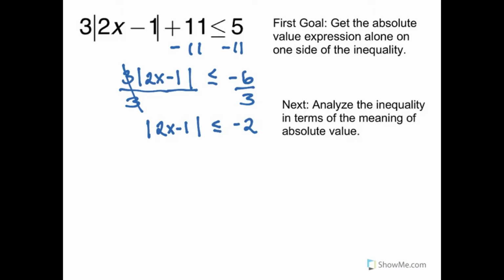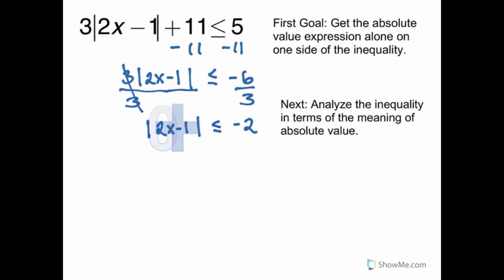Now we're going to analyze that inequality in terms of the meaning of absolute value. Since the absolute value of an expression is always either 0 or positive, and its opposite, a negative number, the inequality says that 0 or a positive number is less than or equal to a negative number.